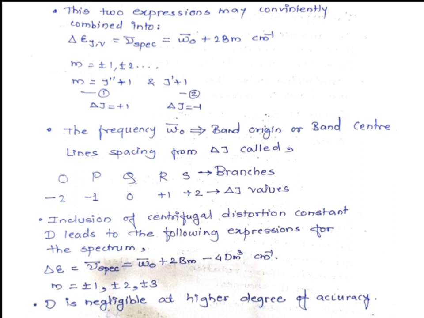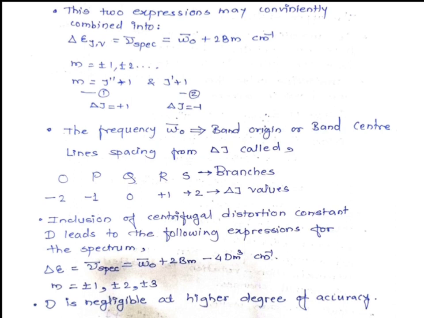When we vibrate a molecule, obviously it is in rotating motion, so we have to add the distortion constant. When we write the same equation with the inclusion of the distortion constant, it is written in this form: omega bar 0 plus twice Bm minus 4 Dm cube per centimeter. And this small m is plus minus 1, plus minus 2 and plus minus 3.